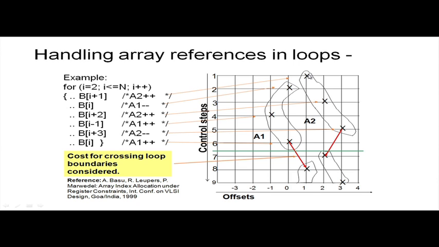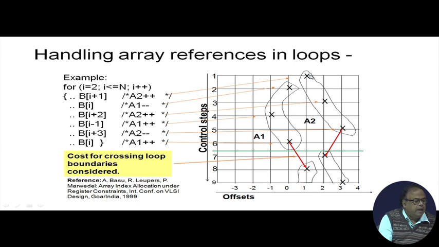You can see the access pattern is such. These are the control steps: the first one is here, the next one is very close, there is a jump here. So that will be a load here, and then again a load here, again a huge load here, and like this it is going on.